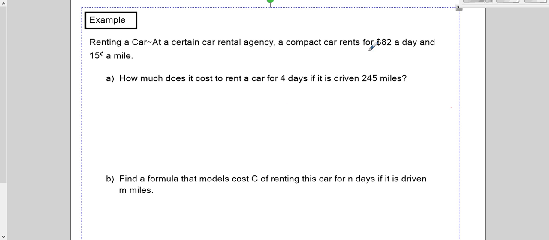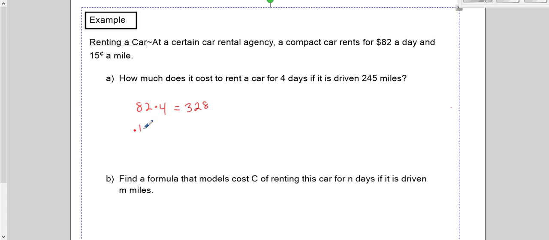So if we have $82 a day and we're talking about 4 days, we're going to take 82 times the 4. And when we multiply 82 times 4, we get 328. And then 245 miles for 15 cents per mile, we're going to take 15 cents.